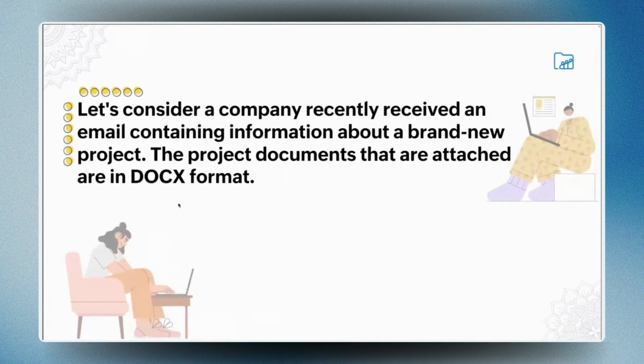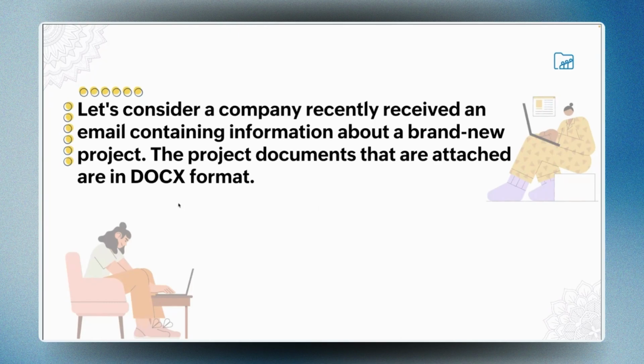Sure, Gautam. I will explain this with a real life example. Let's consider an organization that recently received an email containing information about a new project. The attached documents are in docx file format, received via Outlook. The team can use the WorkDrive add-in for Microsoft Outlook to save the attachments to WorkDrive.